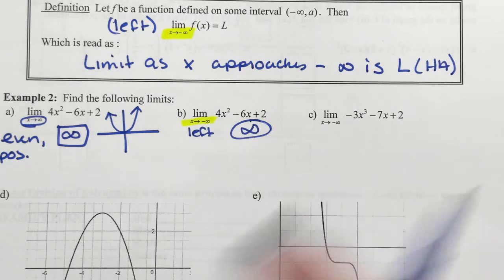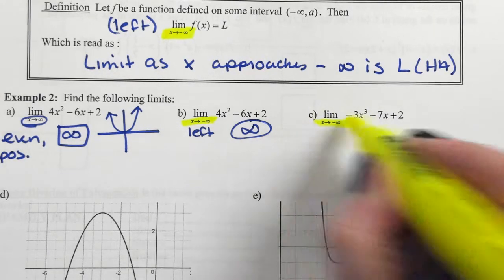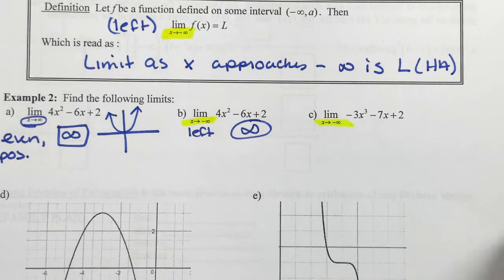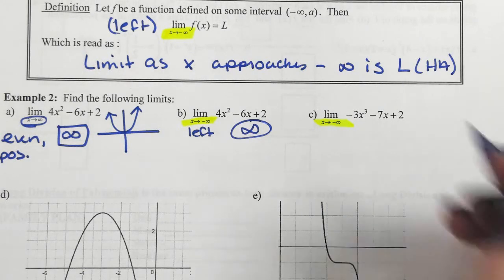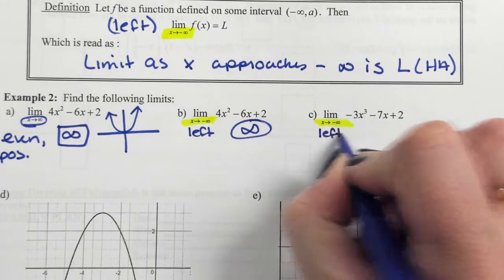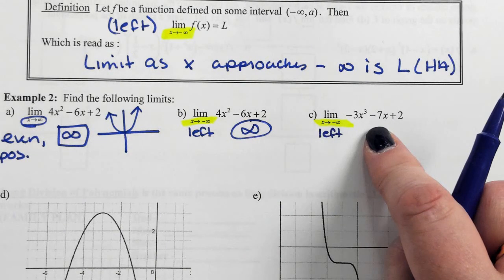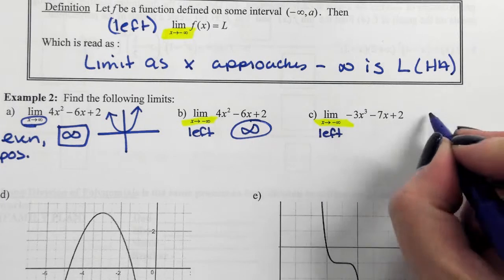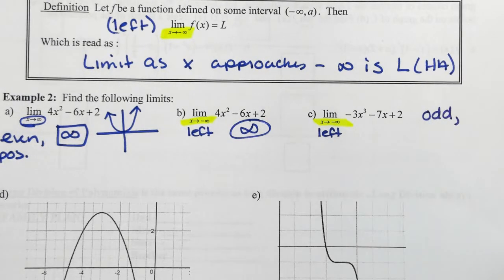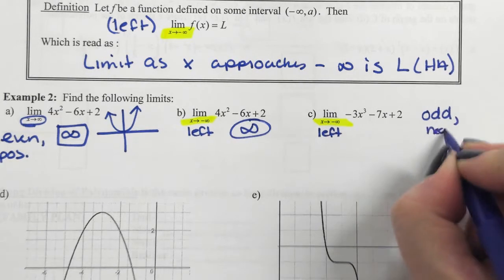So let's look at C. I want to know the limit as x approaches negative infinity. So what side of the graph am I going to be looking at? Left. Now take a look at this function. Is this an odd or even degree polynomial function? Odd. Is it a positive or negative leading coefficient? Negative.